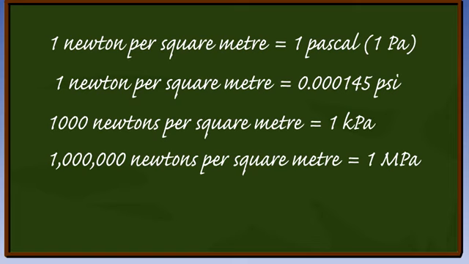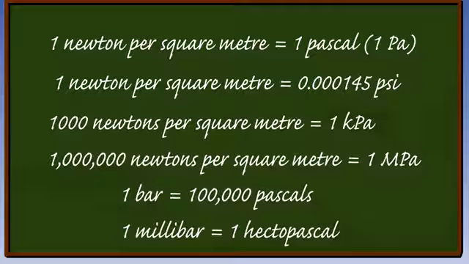So the more commonly used metric units are kilopascals or megapascals, abbreviated to kPa or MPa. Another unit of pressure in use is the bar. You will have used this for altimeter settings.